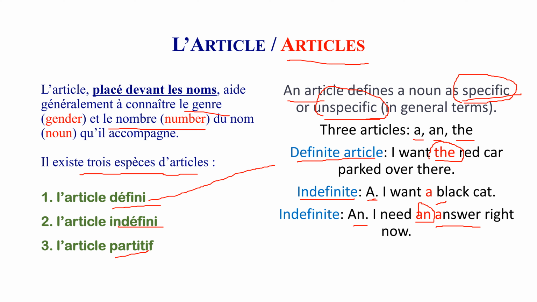Défini is right here in English, indéfini is right there in English, but we don't have partitif in English. Or we do, we'll find out. But just for the sake of this lesson, just remember in French there are three articles: défini, indéfini, and partitif.